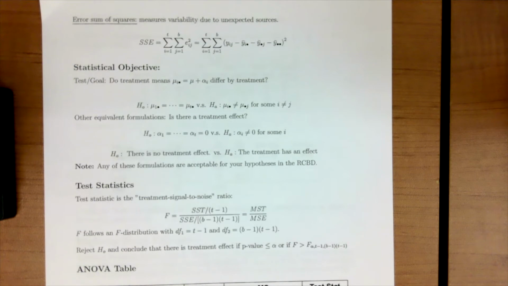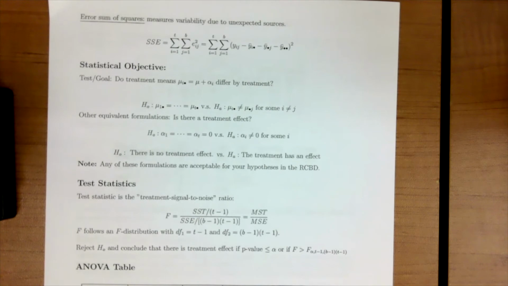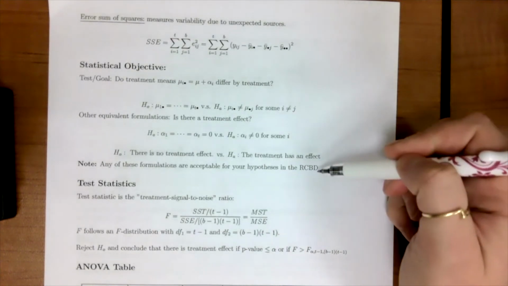Now, just like with the completely randomized design, a CRD, our goal here is to test if there's a difference in the treatment mean. So in our insecticide example, do the 3 insecticides differ? And so a couple ways you can write your hypotheses are here.